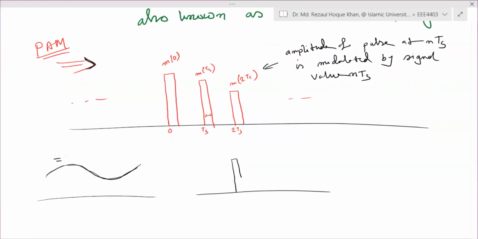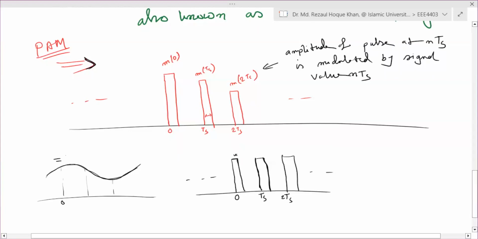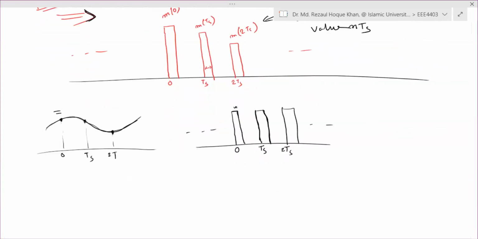When they are multiplied, the amplitudes of these pulses are scaled by the amplitude of the signal, for example at 0, at Ts, at twice Ts. They are scaled by m of nTs, right?